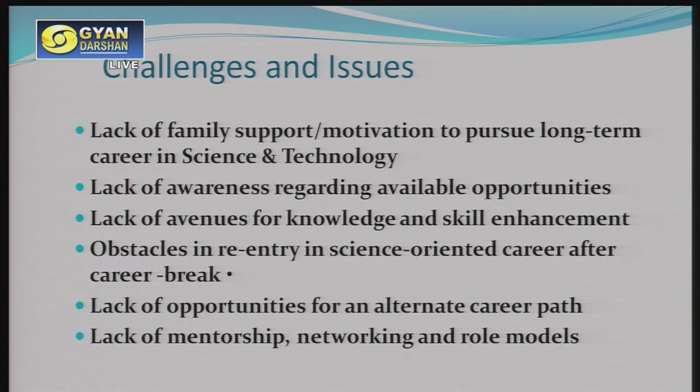This lack of mentorship, networking and role models is very important. Unless we have that mentorship in science for women students, it becomes difficult for them to reach leadership positions.